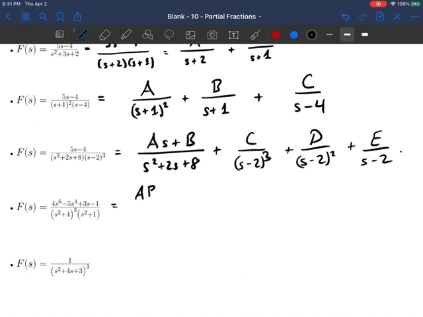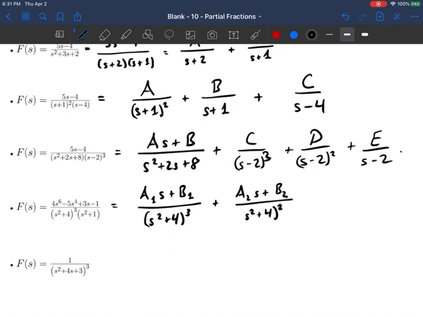Okay, so let's see. We have this irreducible quadratic 3 times, so we're going to have to go with 3 different terms. Here I might run out of letters, so I'm going to start doing subscripts. So we might call this A1 s plus B1 over s squared plus 4 cubed, plus A2 s plus B2 over s squared plus 4 squared, plus A3 s plus B3 over s squared plus 4.